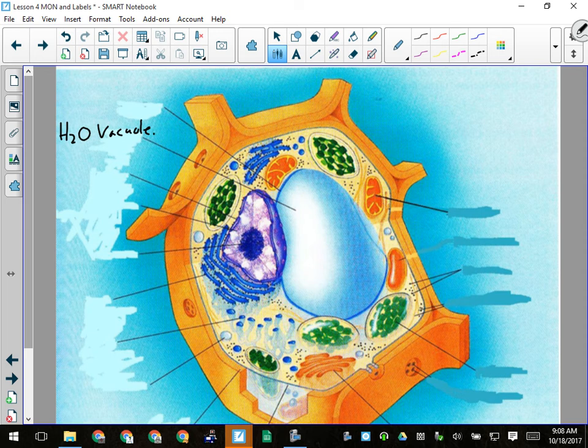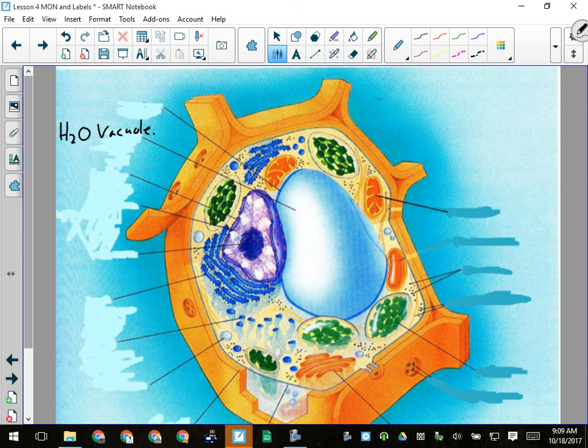Then the process of osmosis will happen, and that's passive. The plant can't control that. Water moves from an area where there's less salt to more salt in order to balance the concentration. So it actually pulls water out of the vacuole, and then the cell starts to get limp and wilt.